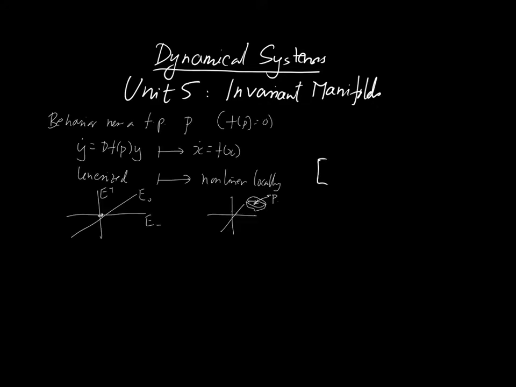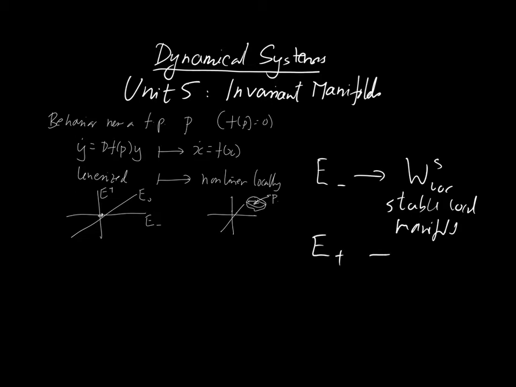So the E minus corresponding to that is what we call WS loc, the stable local manifold. And corresponding to E plus is WU loc, which is the unstable local manifold.